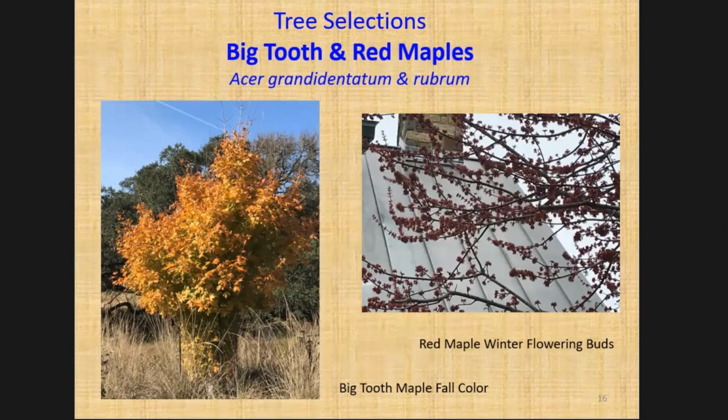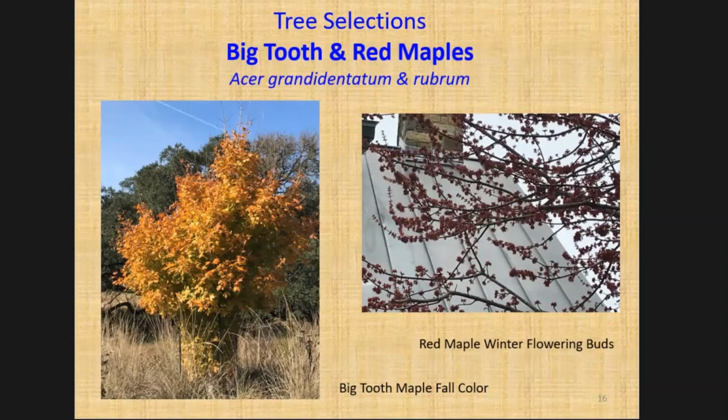Everybody wants the red fall color, but you really don't know what you're going to get until you plant it and it gets a little mature, because your environment, the soil and its own genetics determine whether it's going to be red, orange, or yellow.